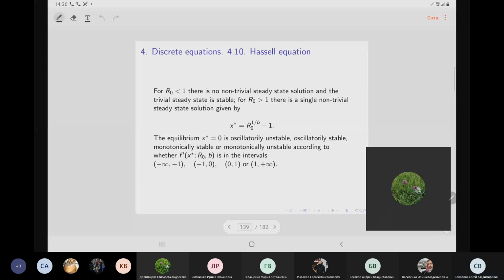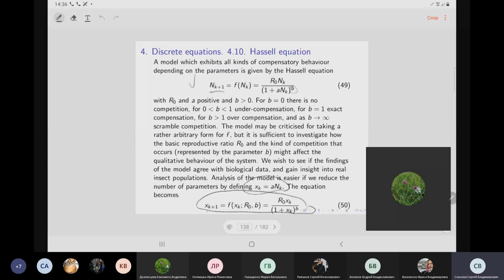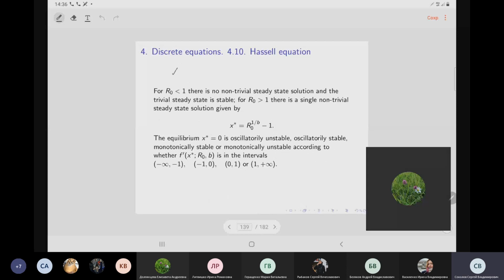So we just calculate f prime, and we compare it with the intervals. First of all, we find equilibria. It's quite easy. The equation for equilibria is x equals R0 x over 1 plus x to the bth power.